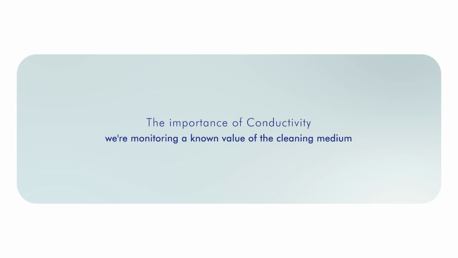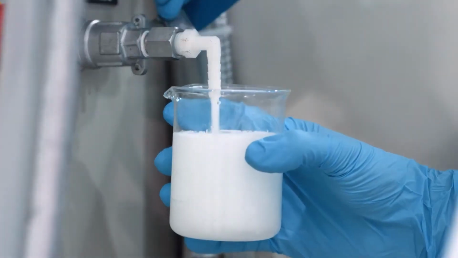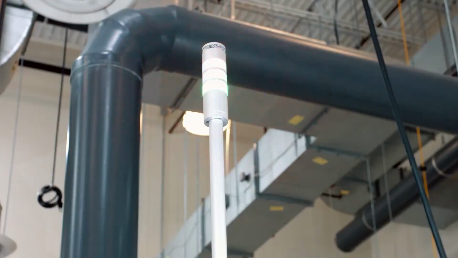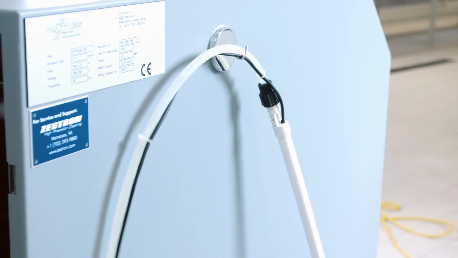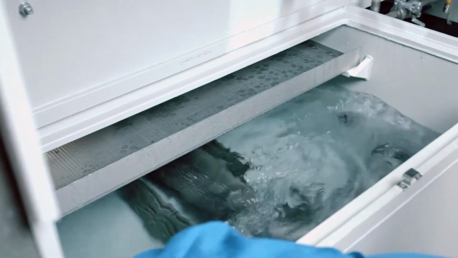Conductivity is important as we're monitoring a known value of the cleaning medium. So we understand what the conductivity is of the water-based cleaning agent or solvent in its fresh state. As that product is being used to clean PCBs, flux residues, etc., there can be a rise or fall in conductivity based off the contamination that's coming into that cleaning medium.